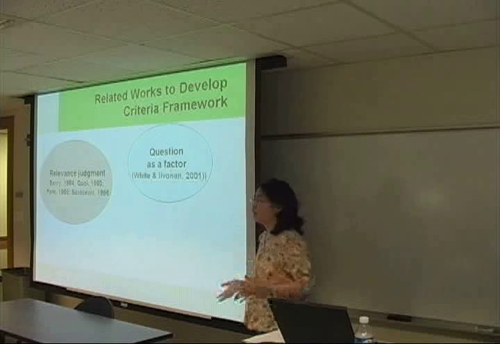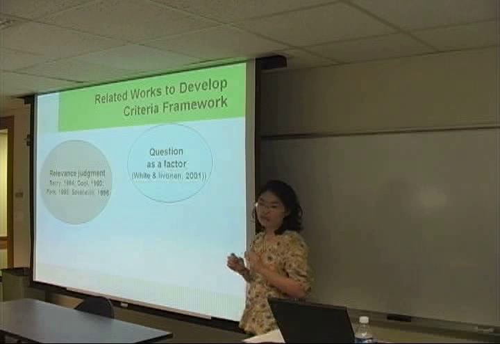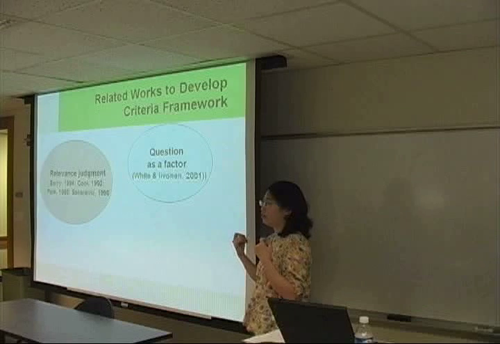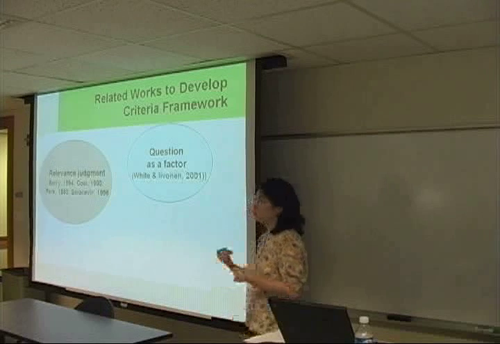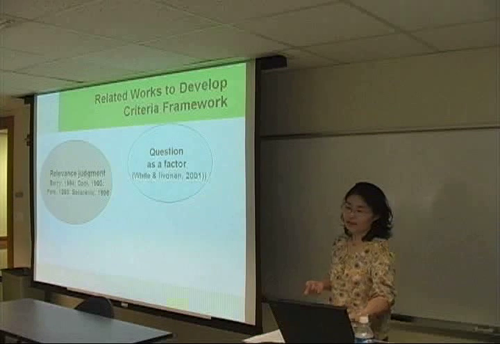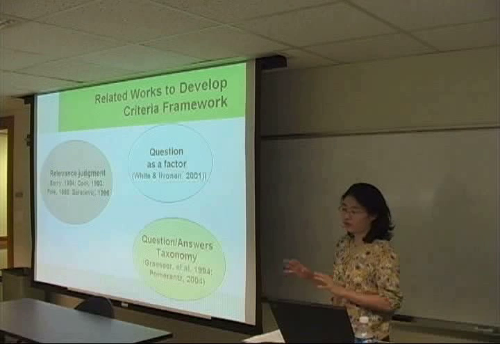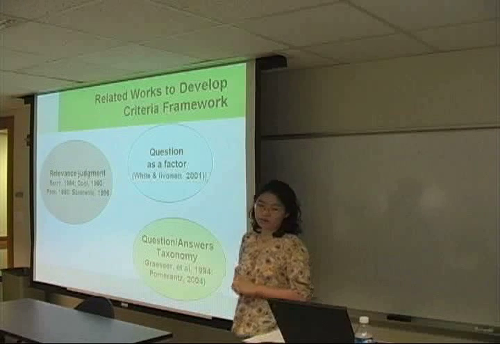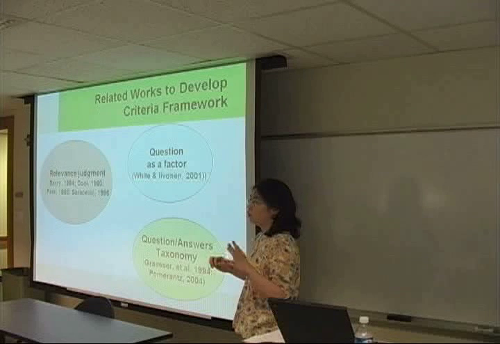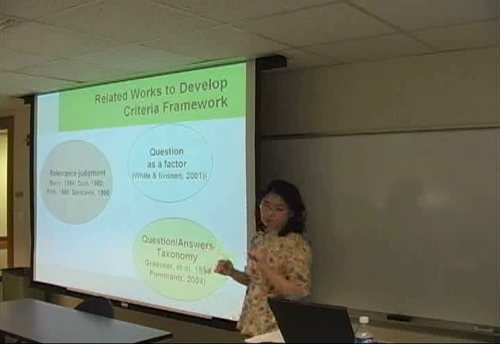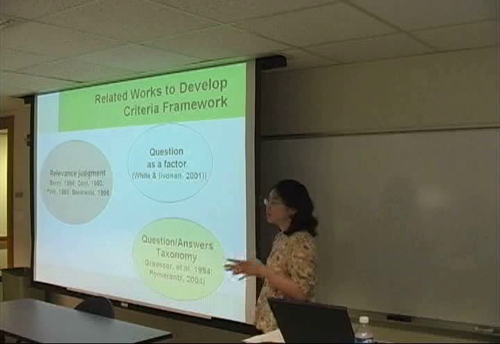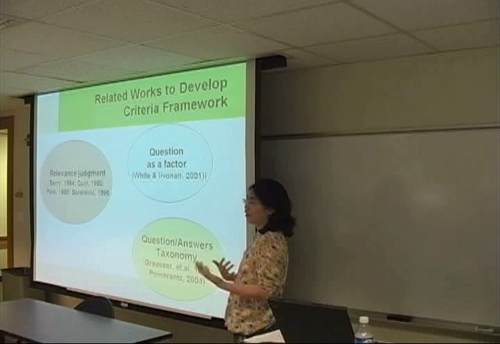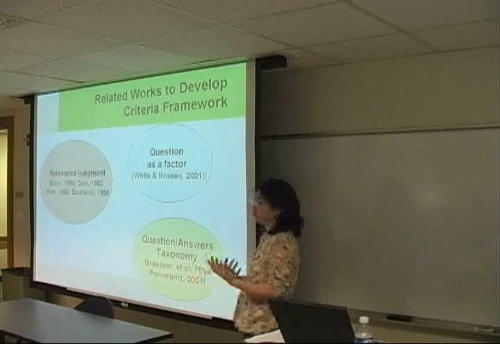They have a table of relevance criteria about how people describe their reasons for making relevance judgments in search. And then there is also the domain of question and answer taxonomy, a list of criteria to categorize the questions and also the expected answers. What kind of expected answers people can get in the context of reference library and reference services.